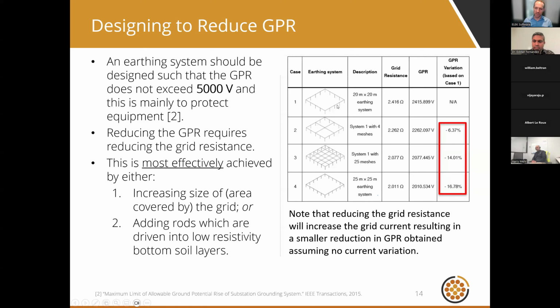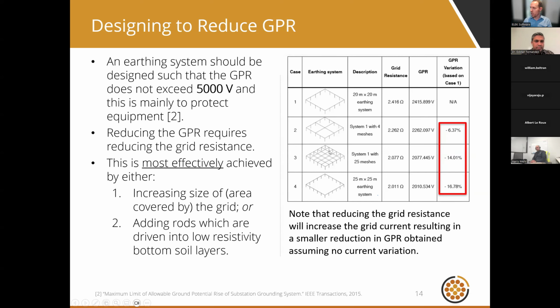Starting from the simplest earthing system, it's a 20 meter by 20 meter, and we look at grid resistance. Now, if we add more conductors, we've simply experimented with adding more conductors. And you can see, I think, row number 3 here, we've gone from a simple arrangement to adding more conductors, but with the same size, 20 by 20 meters.